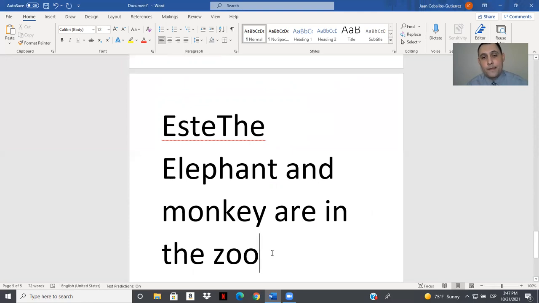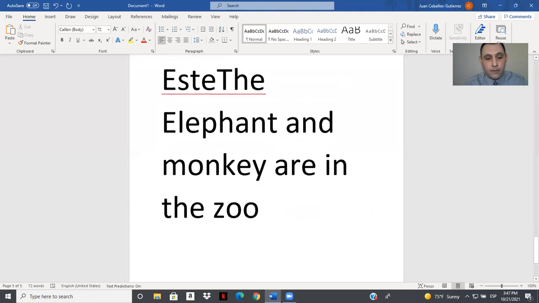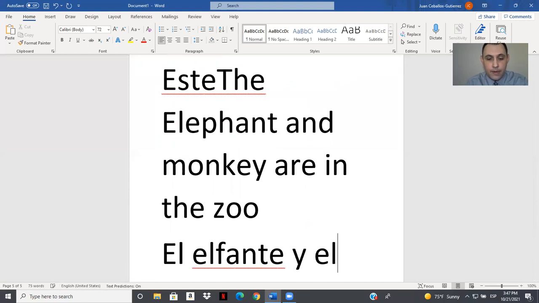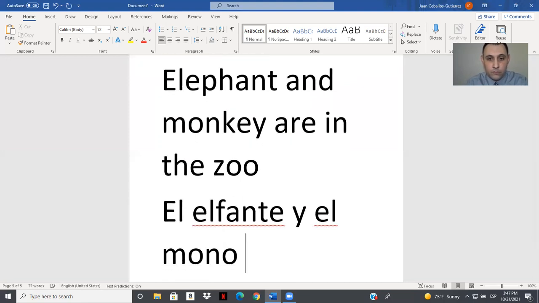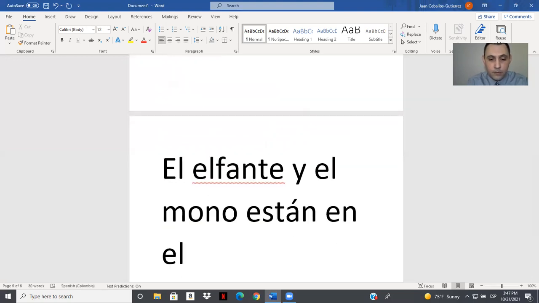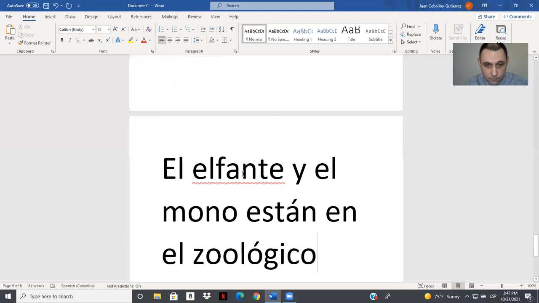Okay. In Spanish, I will say el elefante y el mono están en el zoológico.